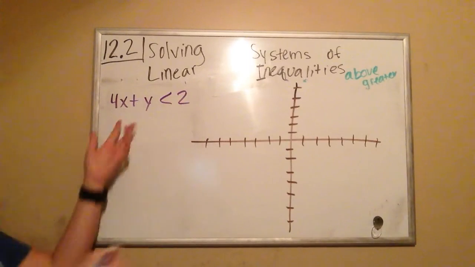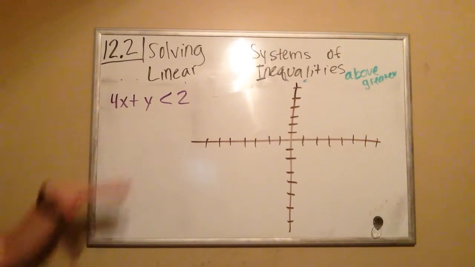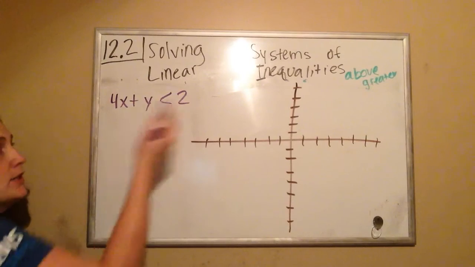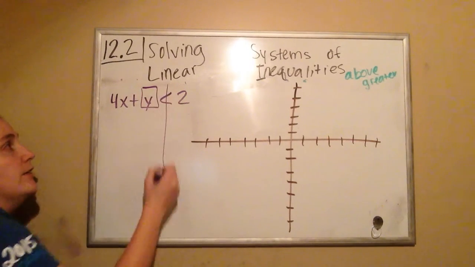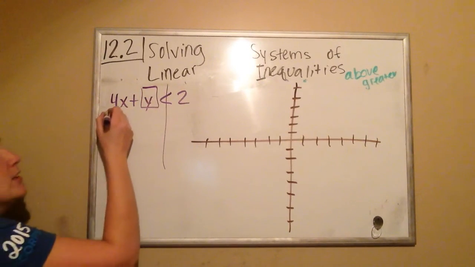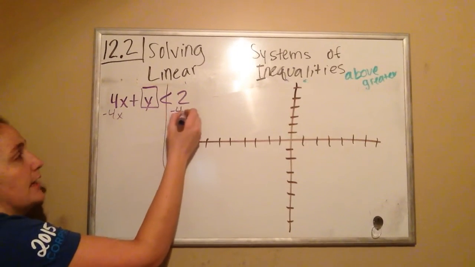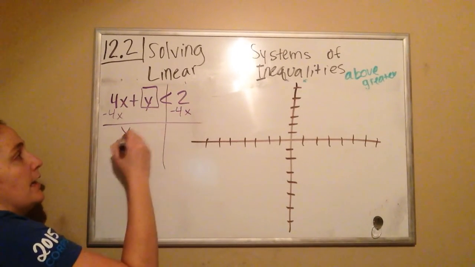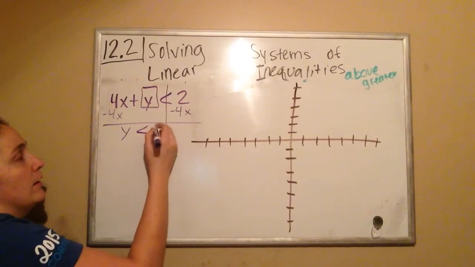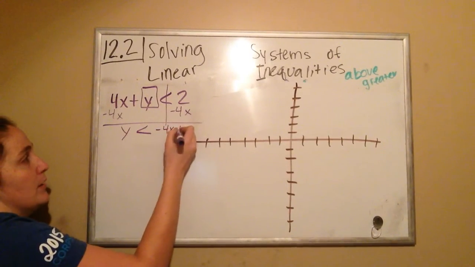I'm not going to graph it just like this because I don't have the slope and the y-intercept. So I'm going to get my y by itself by subtracting 4x from both sides.